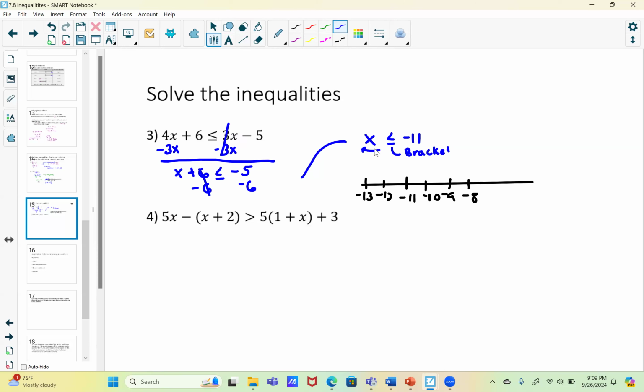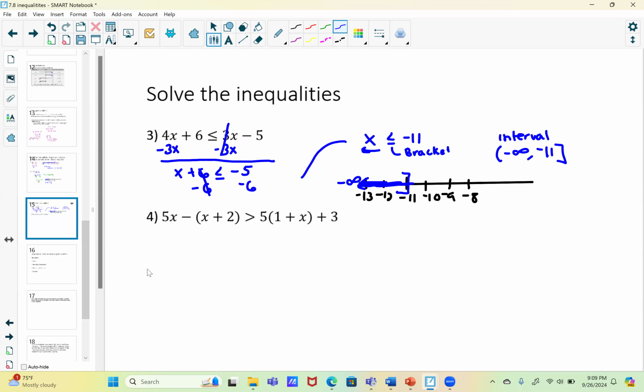So again, I follow where my point is, that's where my arrow goes. So I'm going to bracket and shade to the left. And then for interval, we're going to -infinity is where my arrow goes. So we always put parentheses on that, to -11 and then a bracket.